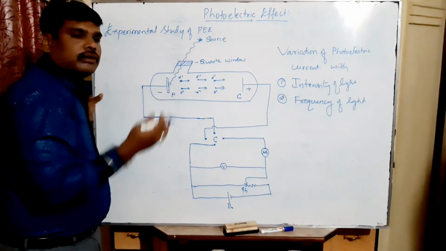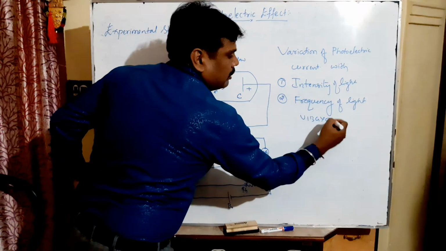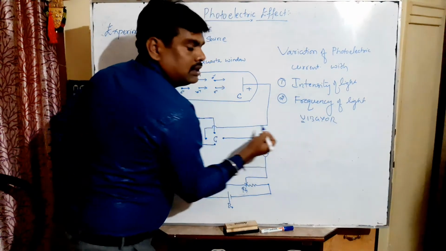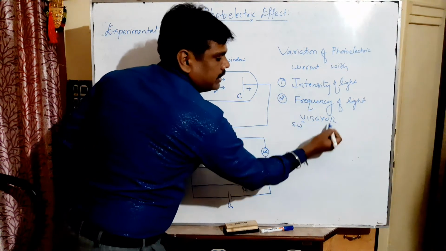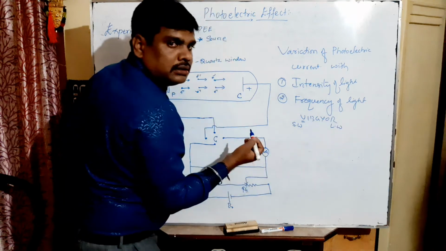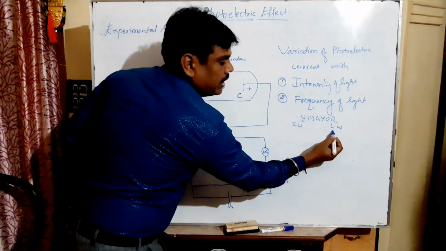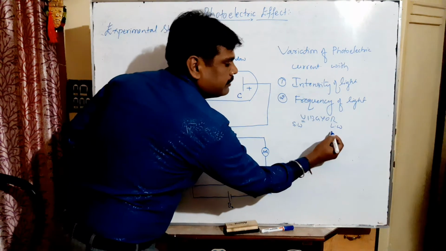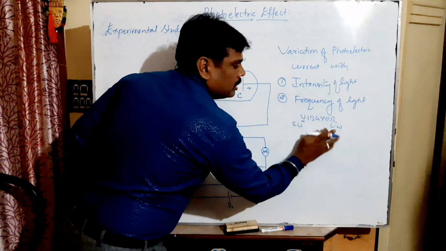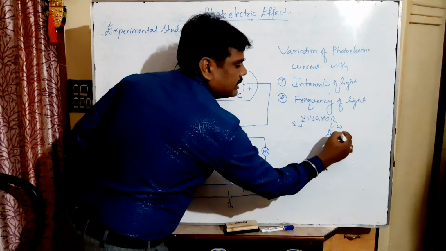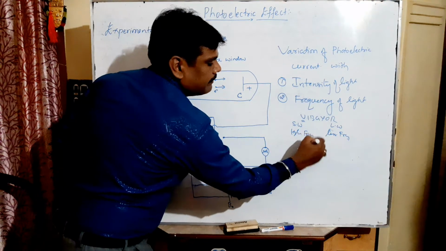For example, if I consider VIBGYOR, violet has the shortest wavelength and red has the longest wavelength. Those radiations that have longer wavelength have less energy because the frequency is lower. Here it is higher frequency.